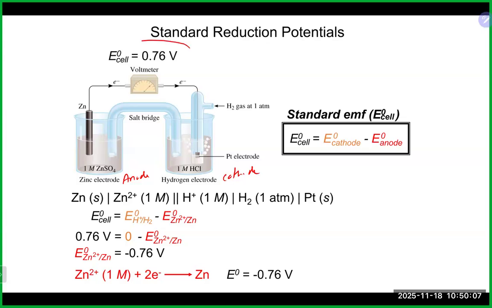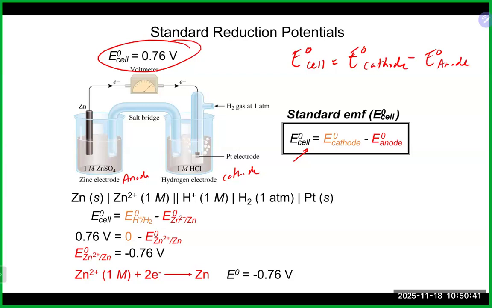When they hook that up, they get a cell voltage of 0.76 volts. So they could use this equation here to calculate the SRP for our zinc in this particular case. And this is E of the cell, or the cell voltage, is E of the cathode minus E of the anode.